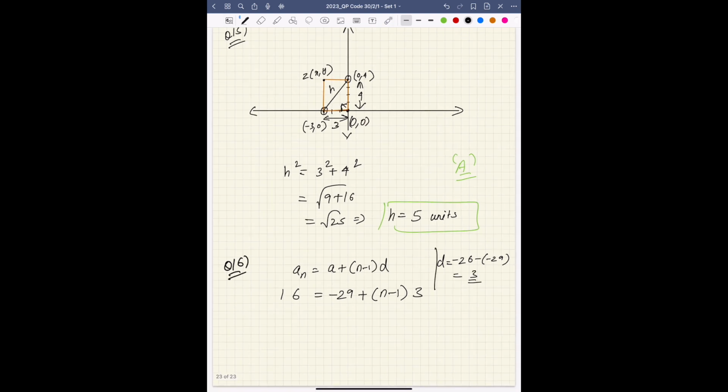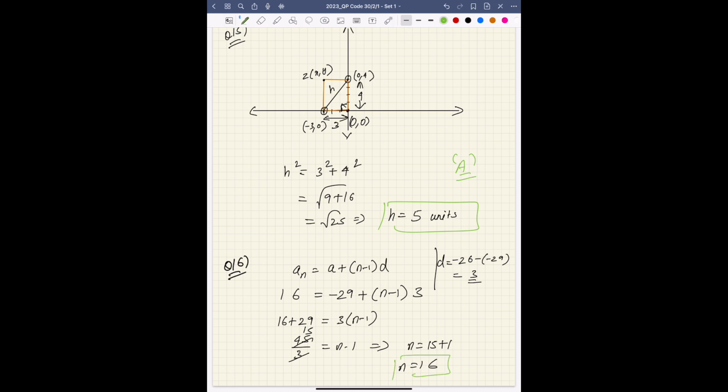So calculate this, bring the 29 on the left hand side. So 16 plus 29 is equals to 3 times n minus 1. 29 plus 16 is 45 divided by 3 is equals to n minus 1, 15, or n is equals to 15 plus 1, or this is the 16th term.